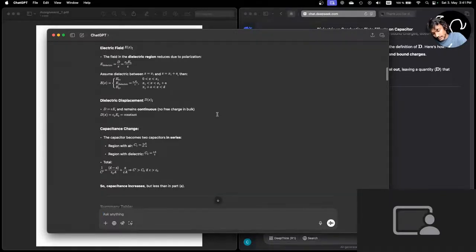Field inside the dielectric equals displacement by permittivity, which is equal to... so electric field is E0 if x is between x and x1, and the electric field is going to be epsilon 0 by epsilon E0 if it's between x1 and x1 plus a.